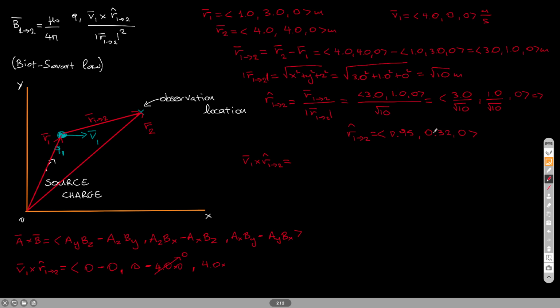I do have a number that is not 0, so that will be 0.32, minus the y component of A, and the y component of A corresponds to the y component of the velocity, which is 0. So whatever bx is, it doesn't really matter. It's going to give me 0. So the cross product is 0, 0, and 4 times 0.32. So this is what the cross product is between the two vectors.